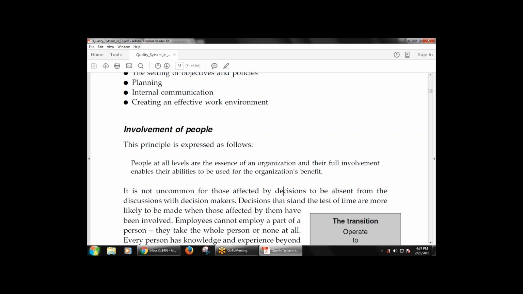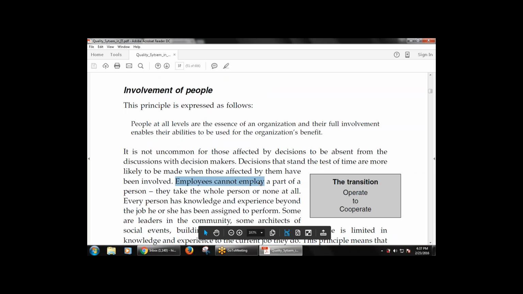Employees cannot employ a part of the person; they take the whole person, whether part time or full time.